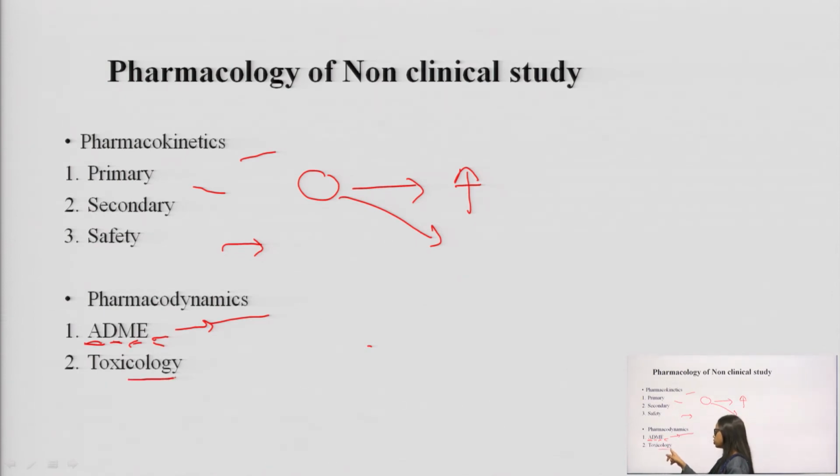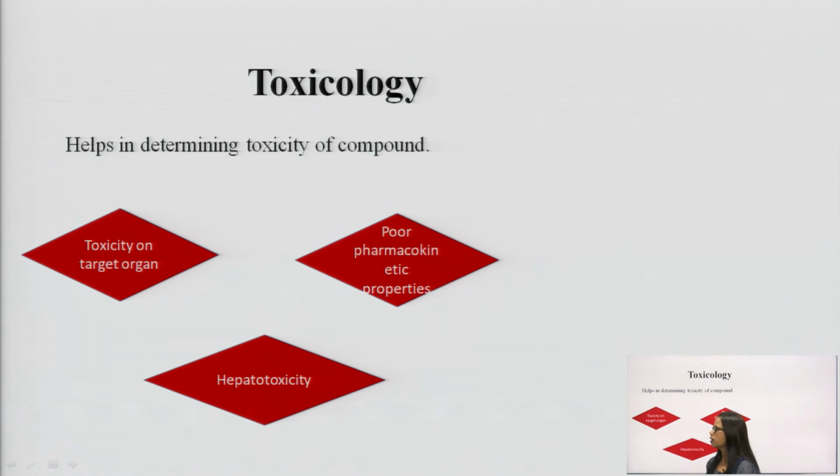Next is toxicology. There are various side effects and toxicity of any drug which are studied under toxicology. What is toxicology? It helps in determining the toxicity of a compound.